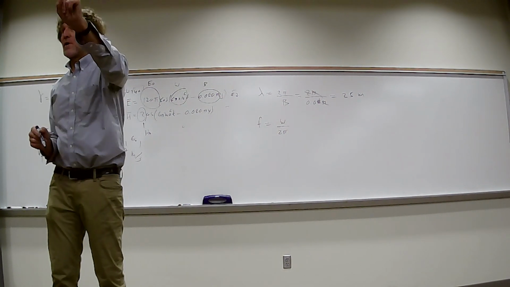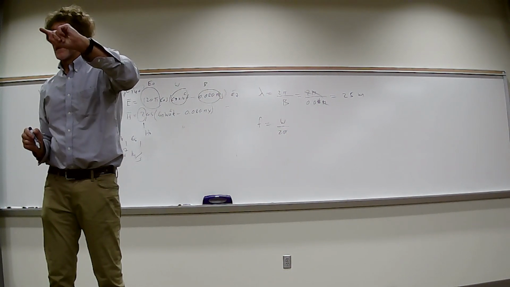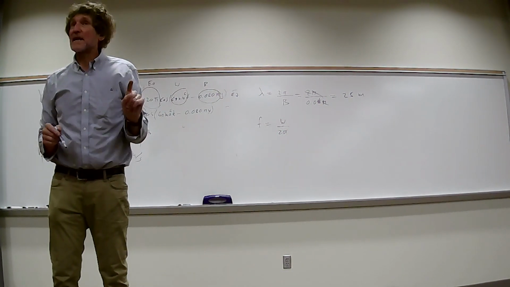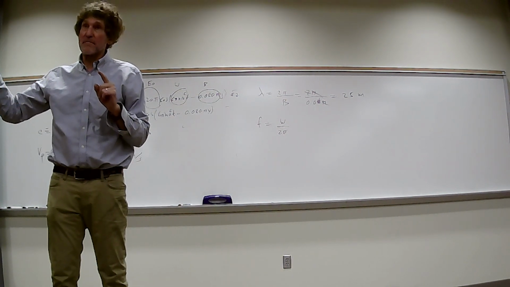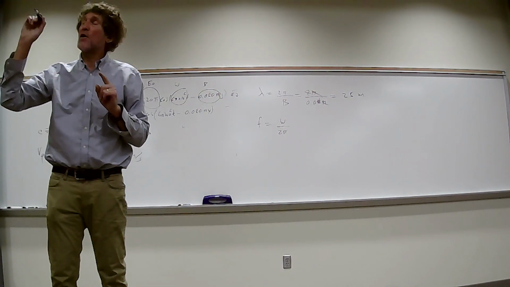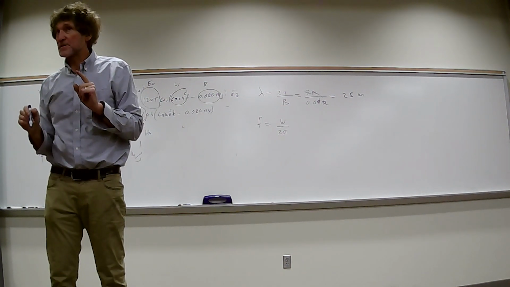That's the first equation. There are two unknowns, mu relative and epsilon relative, in that one. Then I got the second one, beta is equal to omega times the square root of mu epsilon. That's omega over c, the velocity of light, times the square root of mu relative epsilon relative.